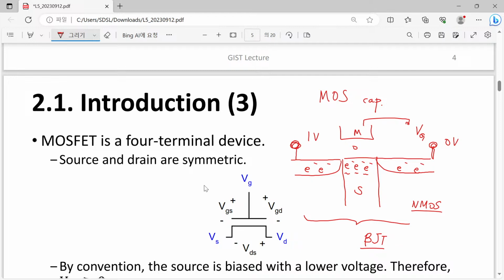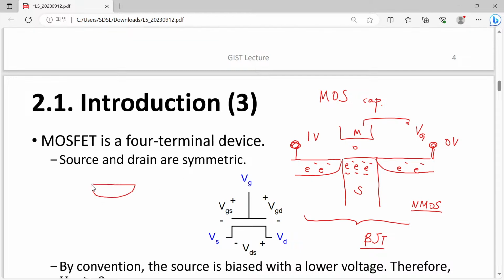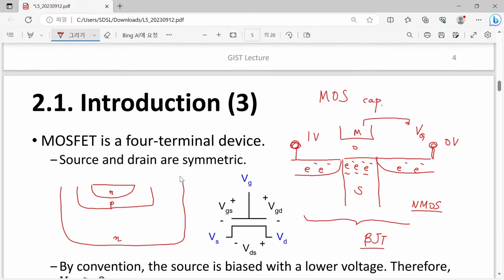Here we can find an N-type region, another P-type region, and eventually another N-type region. Here we introduce a terminal, here another terminal, and here another terminal.